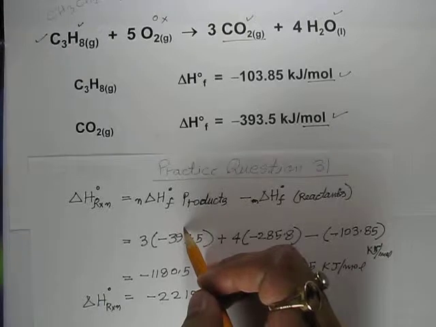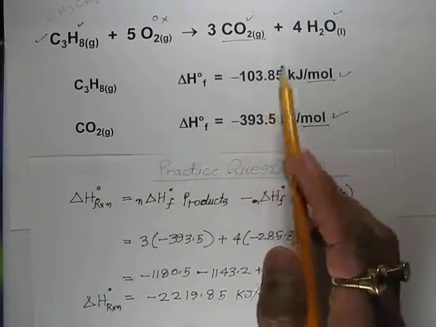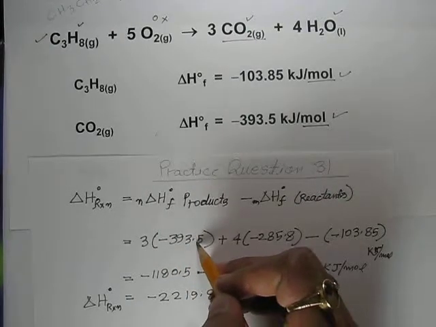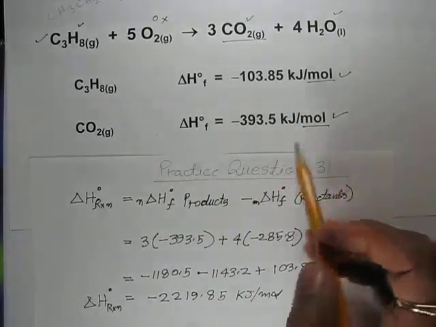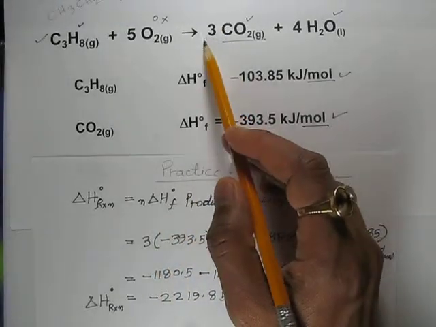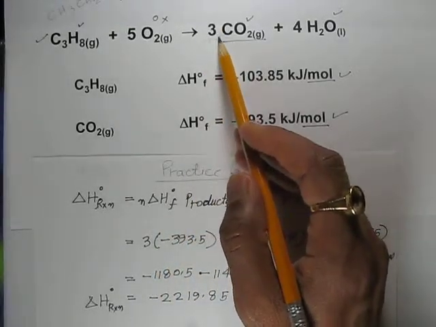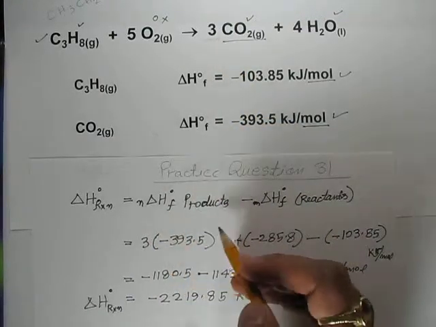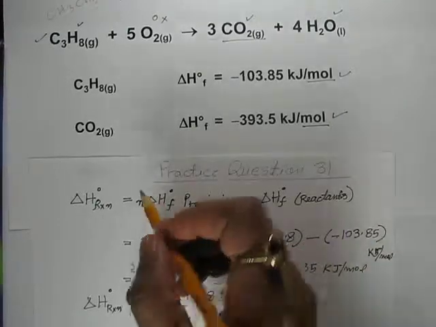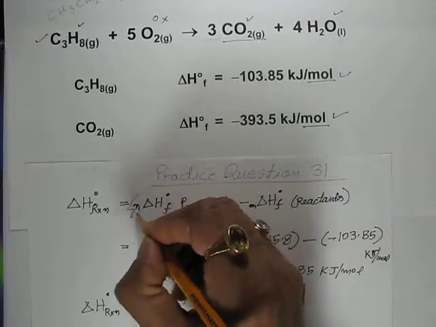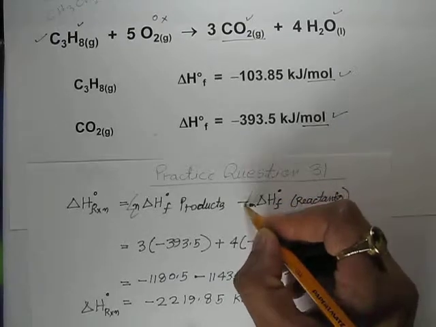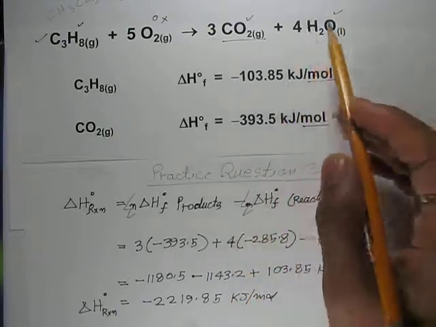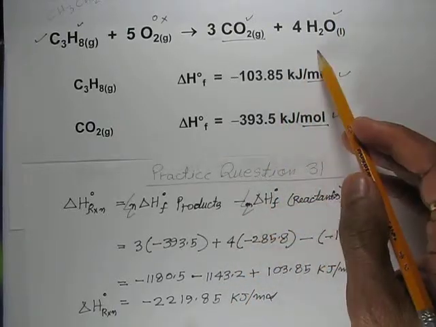First we write the enthalpy of formation of carbon dioxide gas, which is minus 393.5 kilojoule per mole, and there is a coefficient 3 in front of carbon dioxide gas, so we multiply by that. Remember there is the sign of sum also, so we need to sum, which means we add the enthalpy of formation of water also.